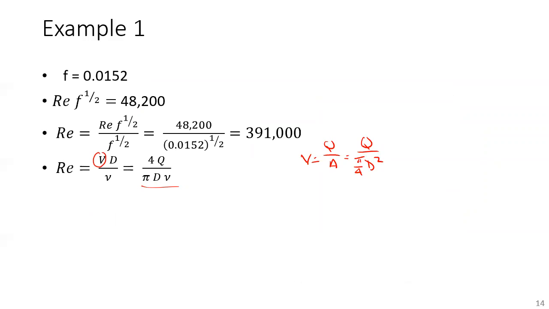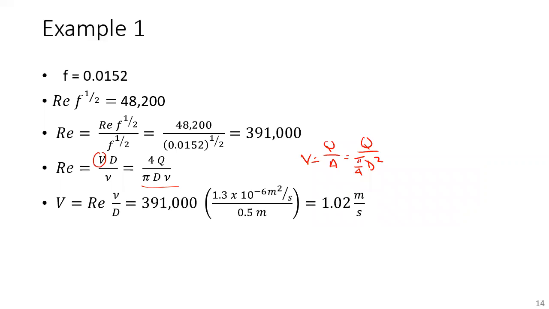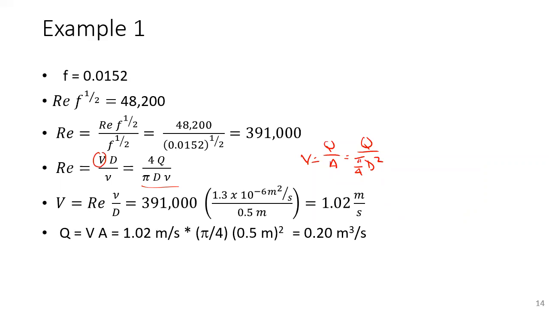So the second term, you can rearrange and solve for discharge directly. But what I'm first going to do is rearrange the Reynolds number to solve for velocity. So the Reynolds number times the kinematic viscosity divided by the diameter is the velocity. And that gives us a velocity of 1.02 meters per second. And then using continuity, discharge is equal to velocity times area.